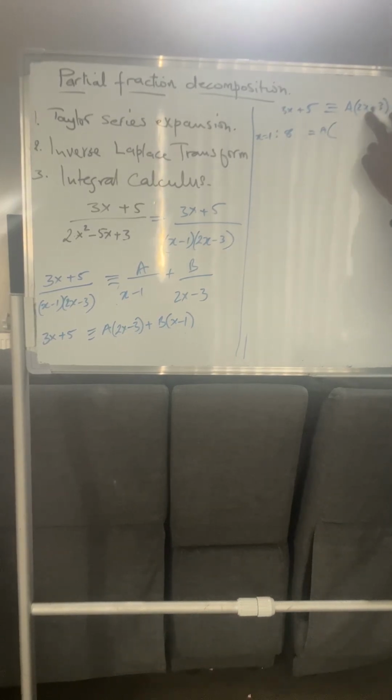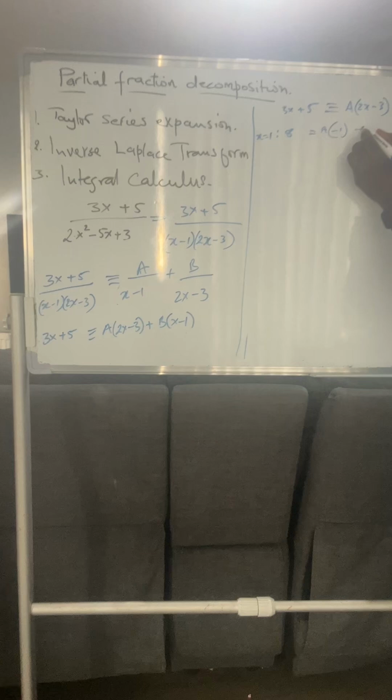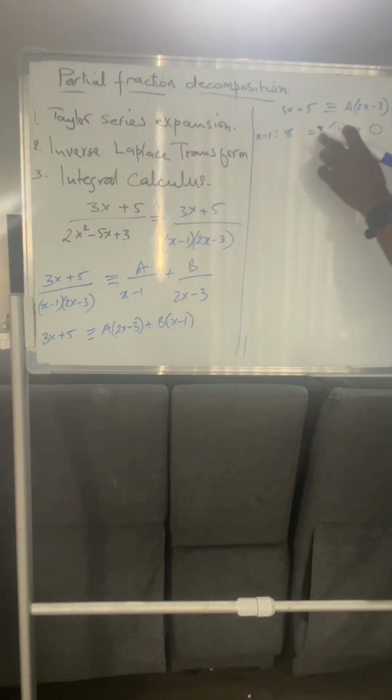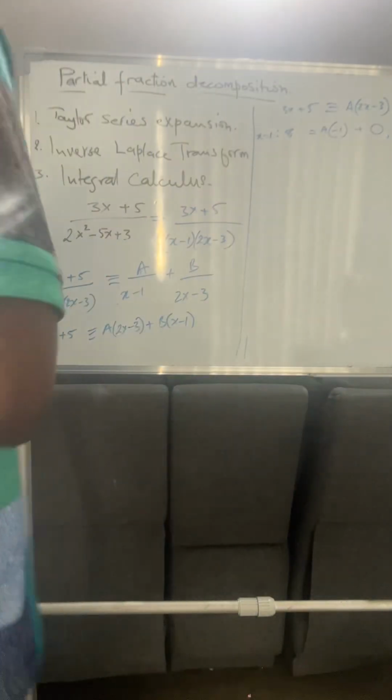So 2 times 1 is 2, minus 3. So 2 minus 3 is minus 1. If x is 1, everything here goes to 0. So therefore, 8 is minus a, meaning a is equal to minus 8. You find your value of a straight away, minus 8.